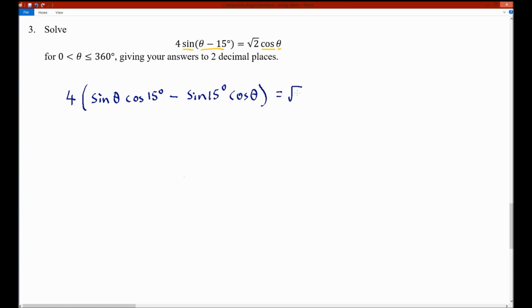And we haven't changed anything on the right hand side, so we're still going to write it there like that. Next, I'm going to multiply out the brackets and also put the cos 15 in front of the sine theta, just because cos 15 degrees is just a number. And we often like to write numbers in front of algebra.